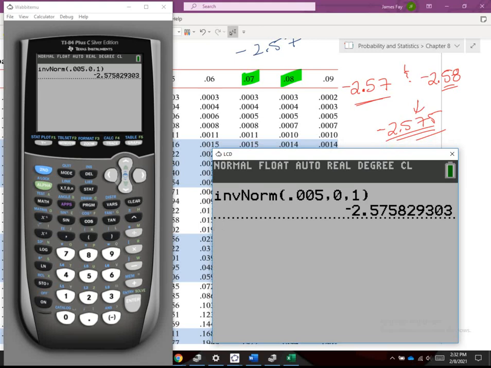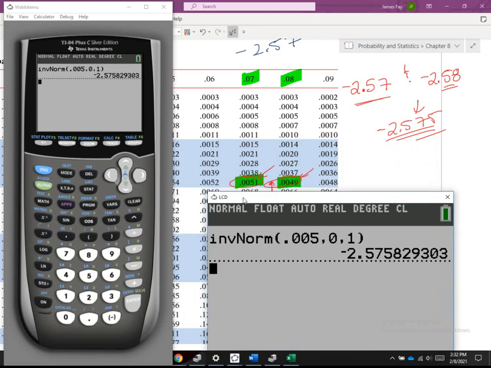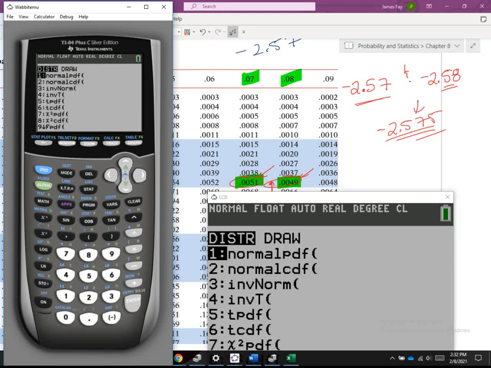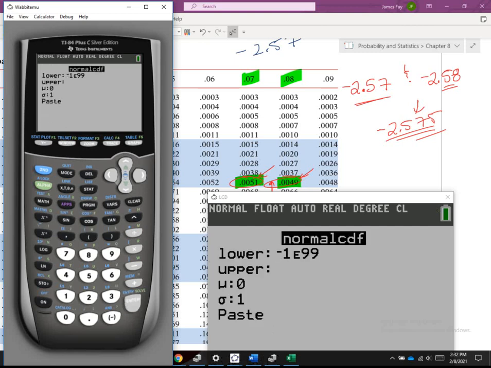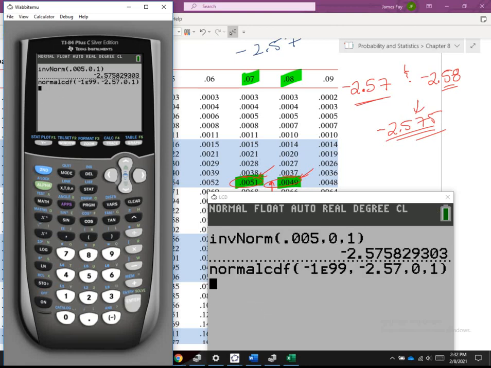The reason for that is this number of 0.0051, if I use normal CDF, with upper bound negative 2.57, that 0.0051 number in actuality is 0.00508495541.